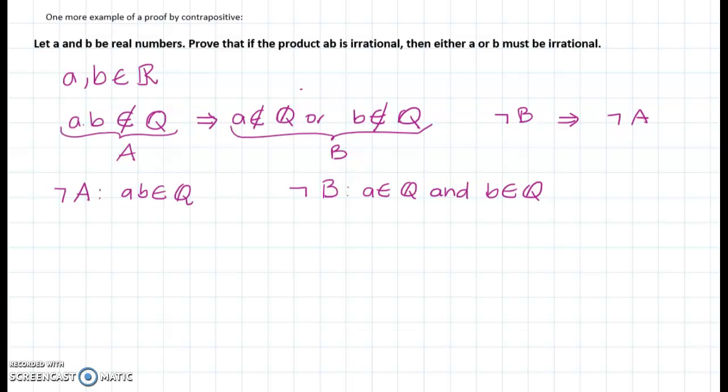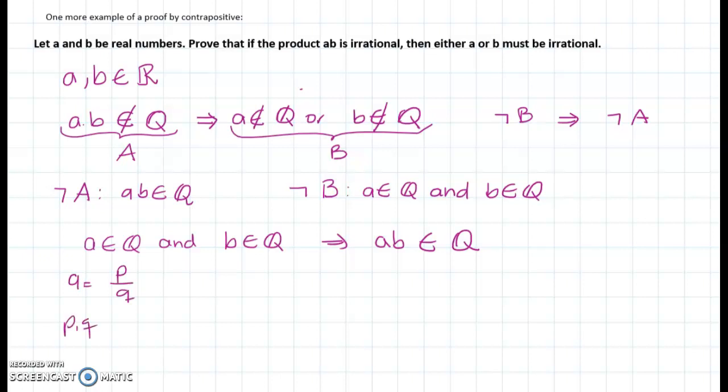Okay, so if you are fine with that, then what we're trying to prove is that if A is a rational number and B is a rational number as well, then the product AB is a rational number as well. And this statement is much easier to prove than the original one because now that we say that A is a rational number, we can write A in the form P over Q, where P and Q are integers and Q is not zero.